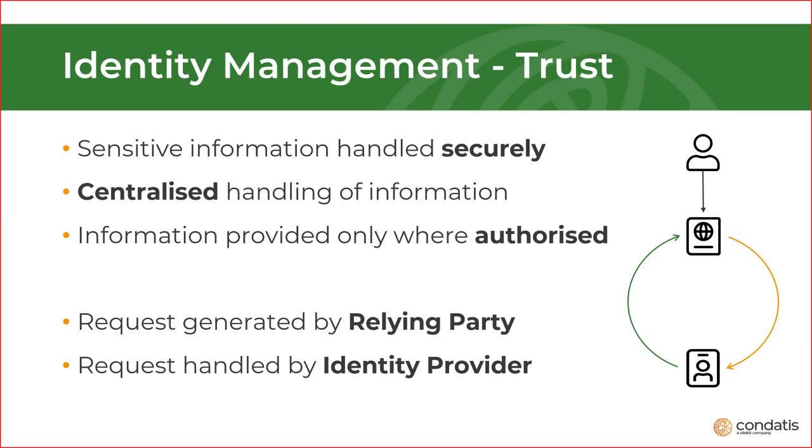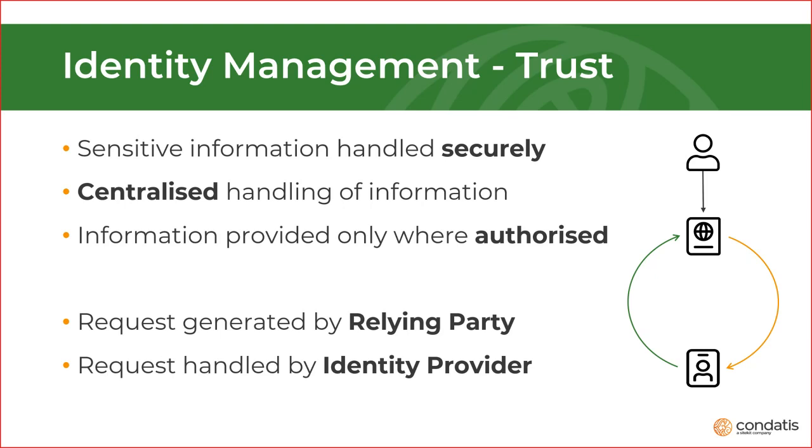In this scenario, each party has a trust relationship with the others. So the user trusts the relying party, the website, to request only the relevant data and to use the data only for the purpose required for their current transaction. The user also trusts the identity provider, the identity access management system, to assert accurate and relevant information back to the relying party.